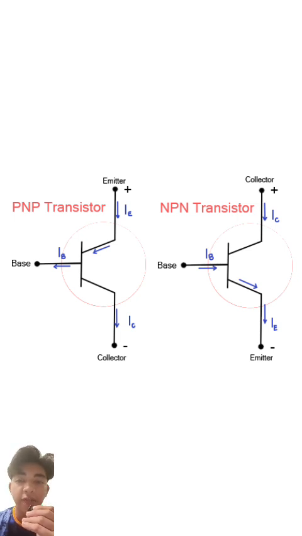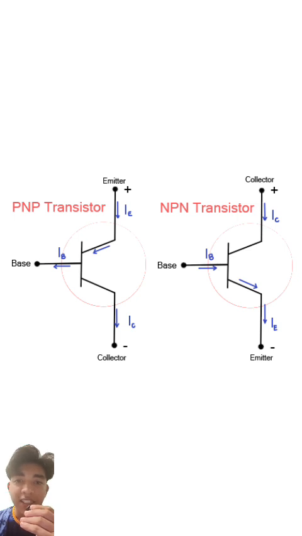First, the base is the central terminal and acts as the gatekeeper of the transistor. It is very thin and lightly doped, which means it has fewer charge carriers compared to the emitter and collector.